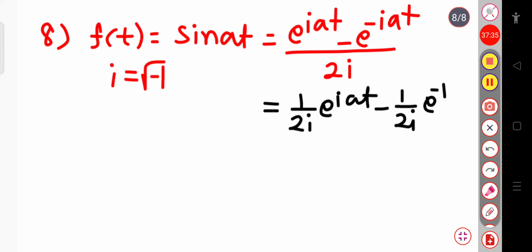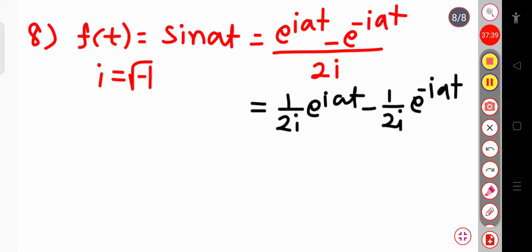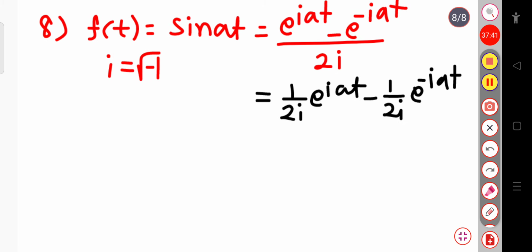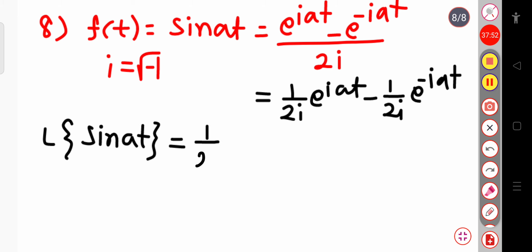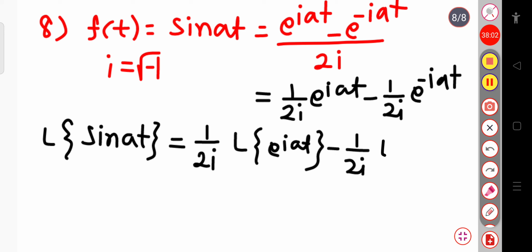Now we will take the Laplace transform of this function, that is L of sin at. This will be equal to 1 by 2i times the Laplace transform of exponential iat, minus 1 by 2i times the Laplace transform of exponential minus iat.